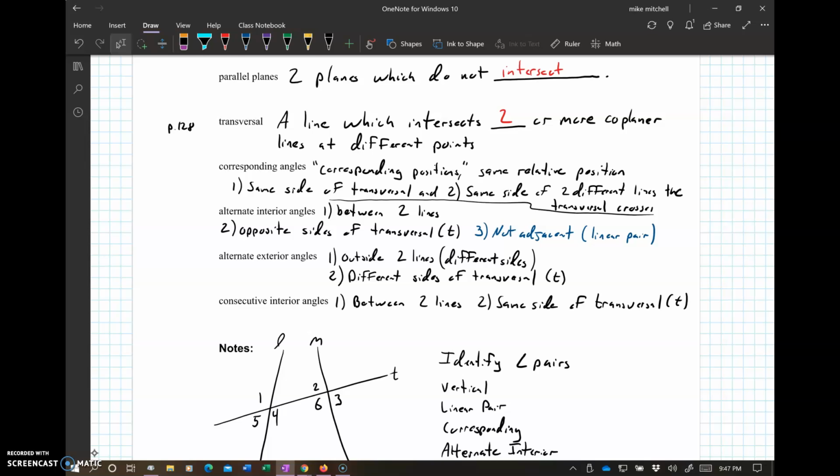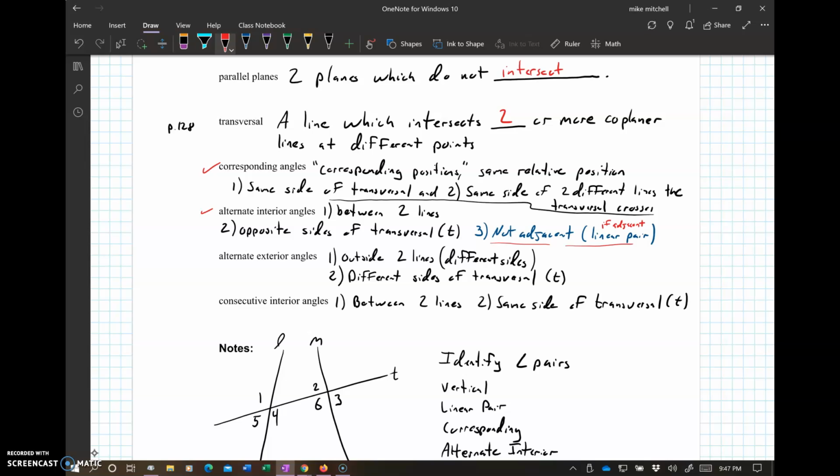Alternate interior angles, so that was that one. Alternate interior angles are between two lines, on opposite sides of the transversal. I put here in the blue, this is something because it's not in the book. They're not adjacent. If they are adjacent, that would be a linear pair. I should say the linear pair is if they are adjacent.